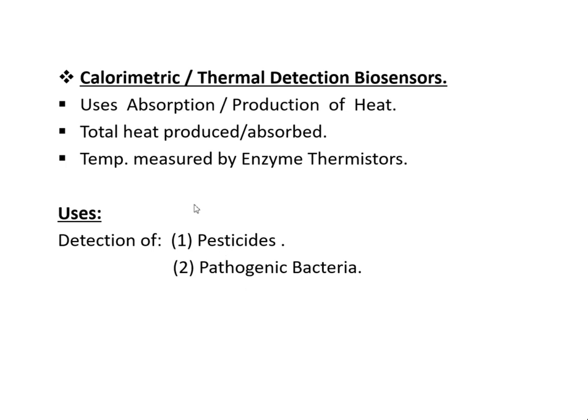Calorimetric or thermal detection biosensors are used to detect pesticides and pathogenic bacteria, and also to detect the absorption and production of heat, temperature, etc.